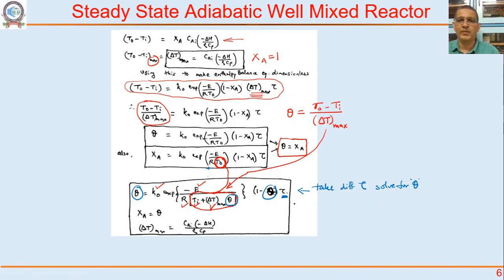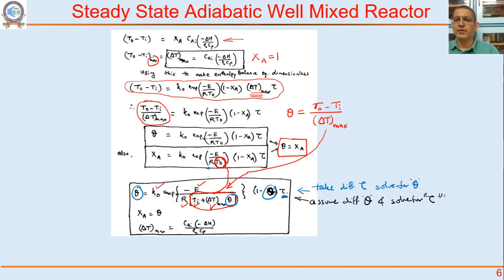You realize? Another option is I can assume different values of theta and solve for tau. It is the same way. I want a relationship between theta and tau. How I get that relationship from this equation is immaterial.